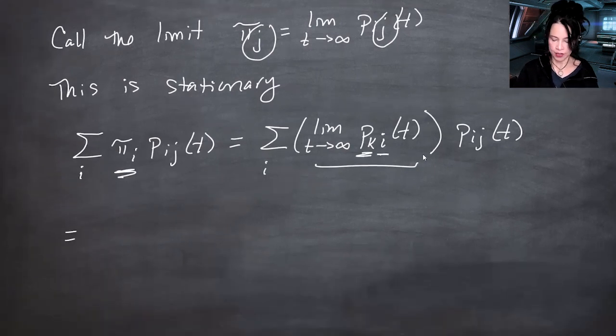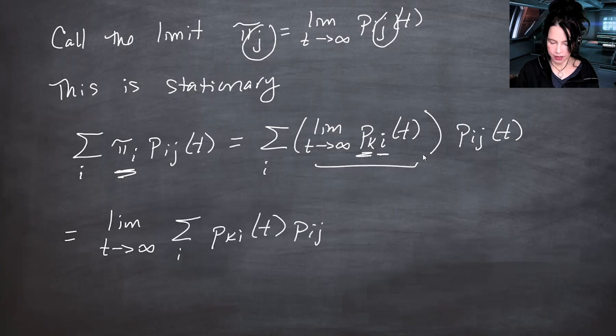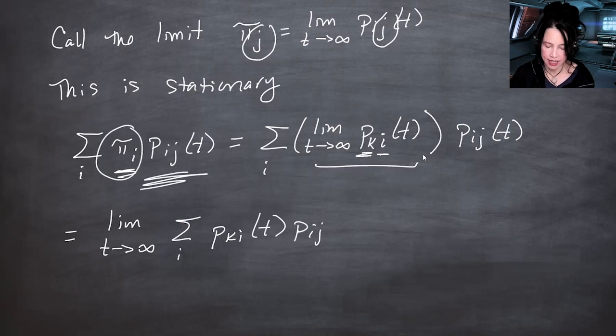So you know the drill, we interchange things: sum over i, p_ki(t), p_ij(t). What the heck? I did the same mistake here. t is fixed over here, and so pi_i should not have the limit in t. I should take it in a different time step.